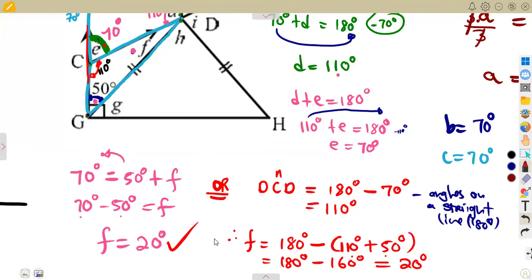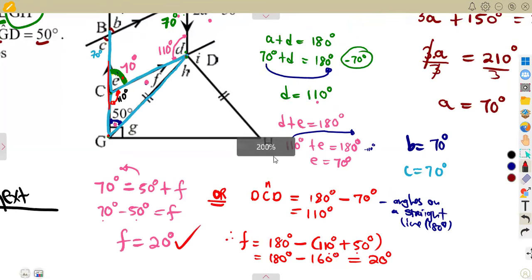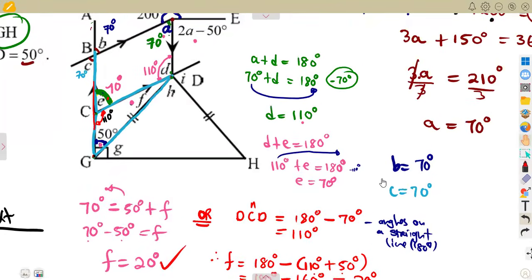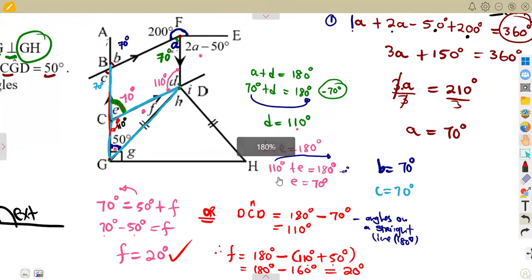There are so many ways. This is Euclidean geometry. As long as it is a proven fact, you are supposed to use that. Is it a proven fact that you are using?